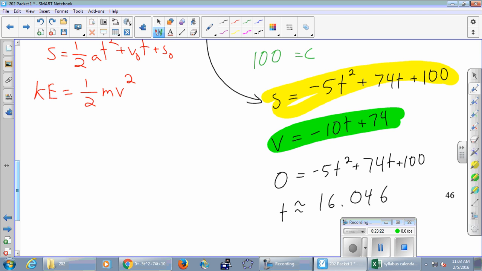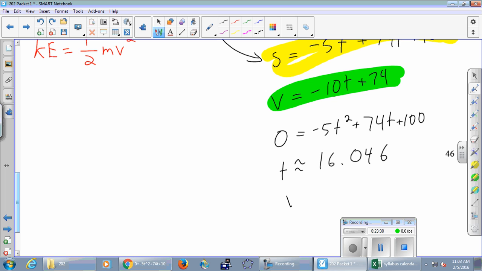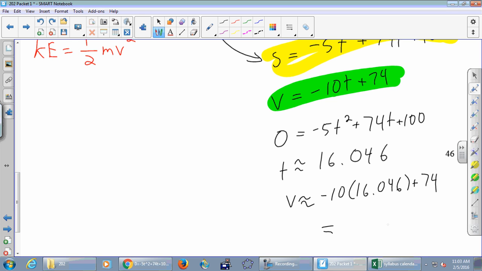The question said, how fast is it going when it hits the ground? So that's the when it hits the ground. What do we do with it? Velocity. Plug it into velocity, and then we'll have our answer. So v is about -10 times this guy plus the 74. What do we get?